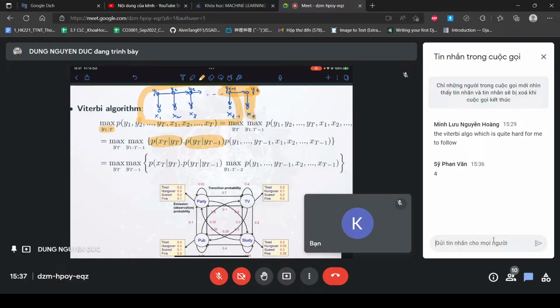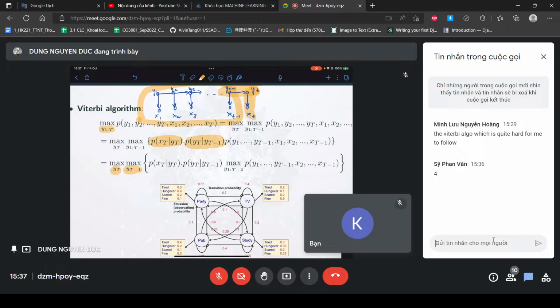So if you are calculating the joint probability where yt equals party, how many probabilities can you get when you calculate yt minus 1? Four, right? There are four states of yt minus 1 to go from there to yt. And that is why in this formula, you break down and take out yt minus 1 and yt also.